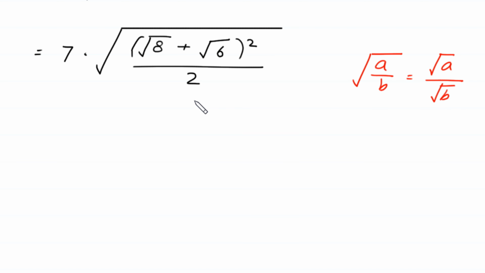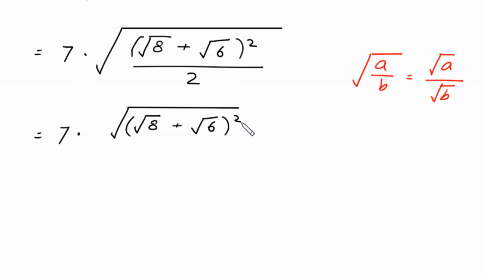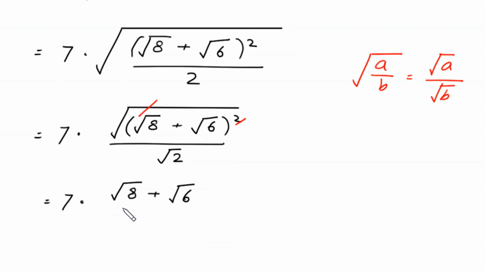This expression becomes 7 times square root of 8 plus square root of 6 whole squared divided by square root of 2. Next, 7 times, this square will be cancelled out with this square root, and here we have left square root of 8 plus square root of 6 divided by square root of 2.